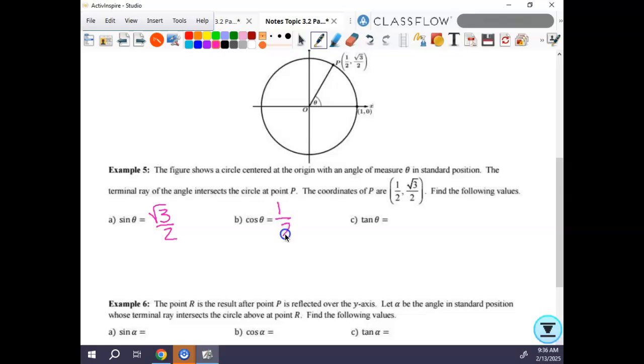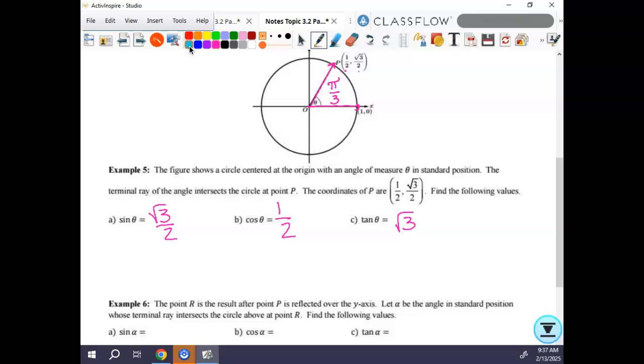Now, I could figure out tangent by doing the fractions and stuff, but I don't need to, because what is this angle measure? We should know that if these are the values I have. 60, so this is pi thirds, right? So then what is the tangent of pi thirds? Square root of 3.